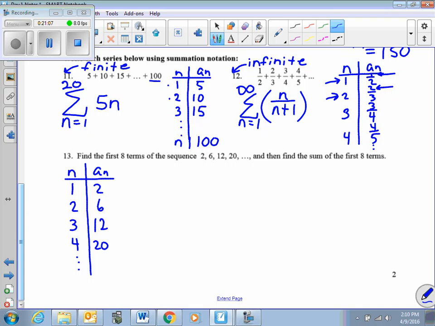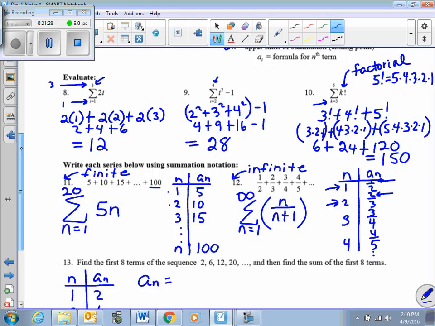Well, of course, first we got to find the rule. We got to figure out what a sub n is. What is our rule? What's going on here? Well, it looks like maybe I'm taking n. I think I've already had this one, haven't I? Yeah, we had this right up above, 2, 6, 12, and we figured out the rule.